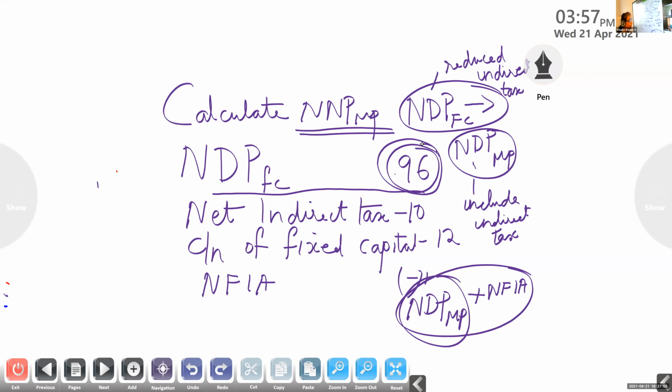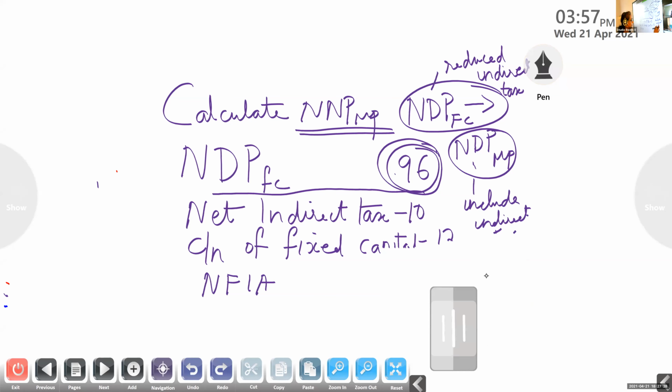We have written something with subsidies also, so keep that in your mind. So here to get NDP-MP, what do we have to do? 96 plus 10.